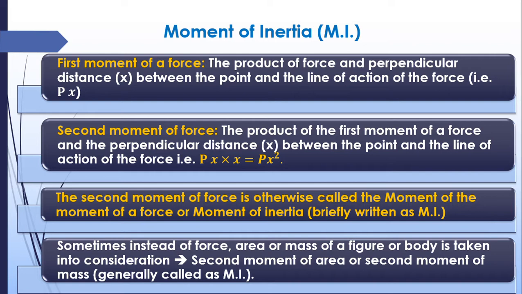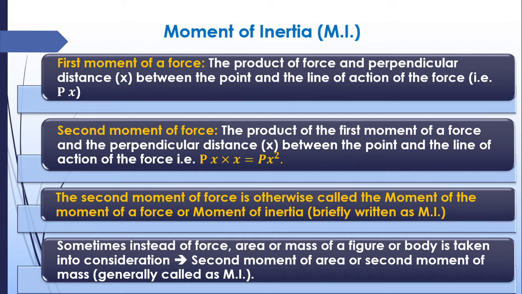Now there is a second moment for a force. That is known as moment of inertia actually. What is the second moment? It is the product of the first moment of the force into the perpendicular distance between the line of action and the point about which we are taking the moment. So this is known as the second moment of the force, otherwise known as moment of inertia.